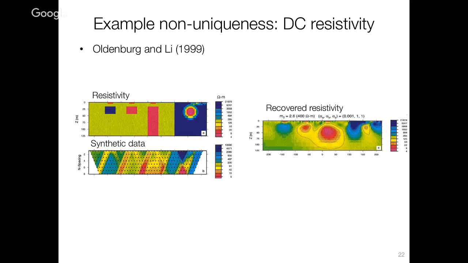You definitely see this break here where we're going from conductive to resistive. You also see some manifestation of a conductor here. See the resistor, there's a conductor, and there's another conductor. So at first order you've got the bulk of the information. This certainly doesn't look exactly like the true model.